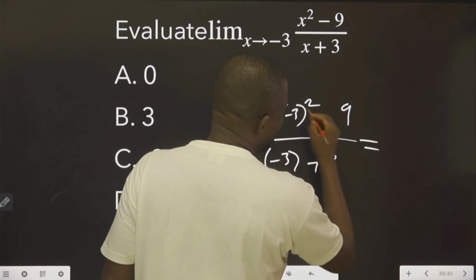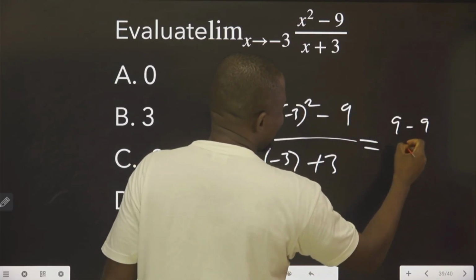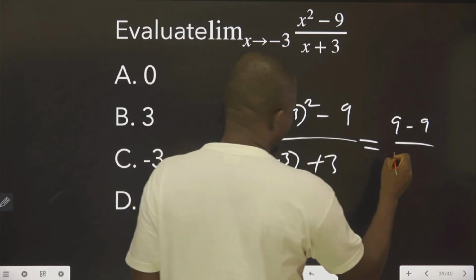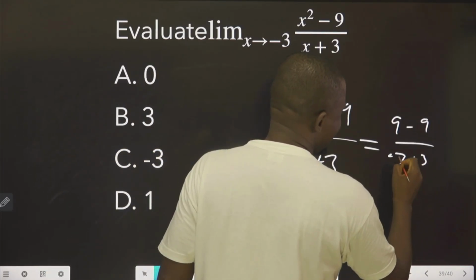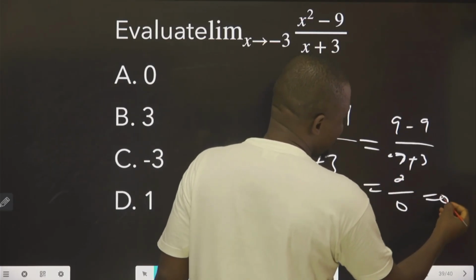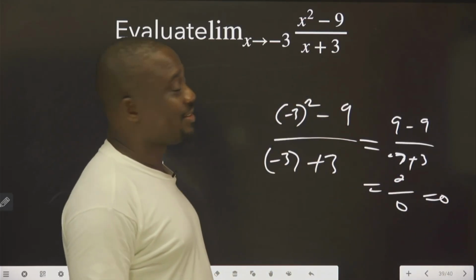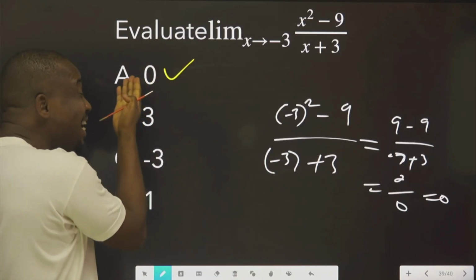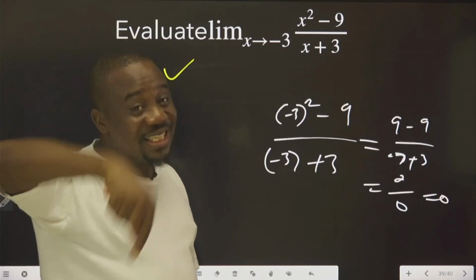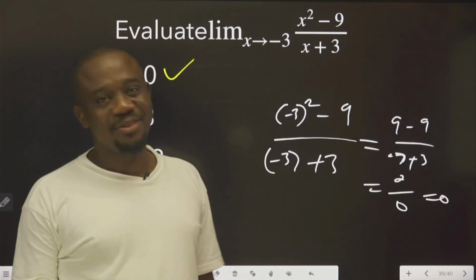This one will give you 9 minus 9 over minus 3 plus 3, which is 0 over 0. Today we call this indeterminate. It's not actually 0, it's undefined. They gave it to you as the first option, just for you to repeat it and pay another money for your JAMB.